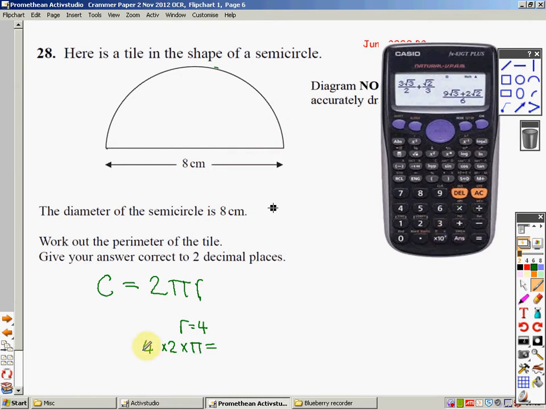That whole calculation is going to be 4 times 2 times shift pi equals. Now it's telling me it's 8 pi. I need to press the SD button, this one here, to get it as a decimal, and it tells me it's 25.1327, and so on.